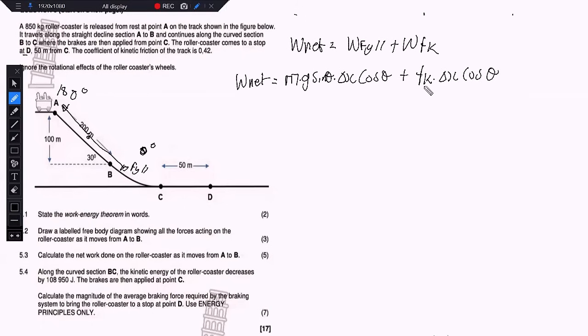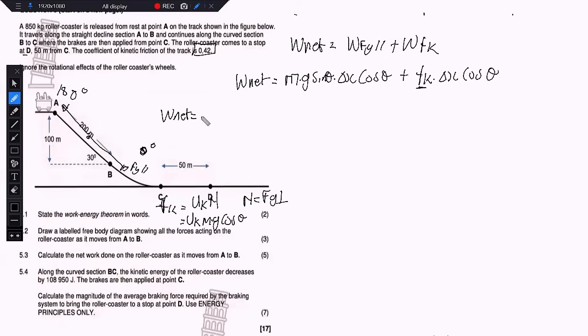But then you will remember that we don't have the magnitude for Fk, right? We only have the coefficient. So that means now we have to say W net, and then note somewhere here that our Fk is mu k multiplied by N, which we did observe in Newton's second law that our N, when we are on an incline, is always equal to Fg perpendicular, which means this is mu k multiplied by mg cos theta, since Fg perpendicular is mg cos theta.